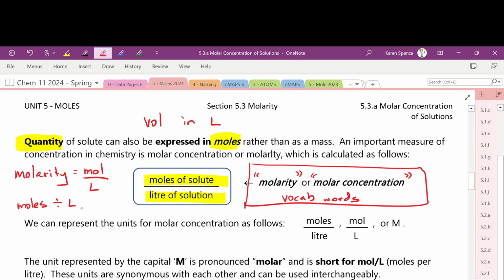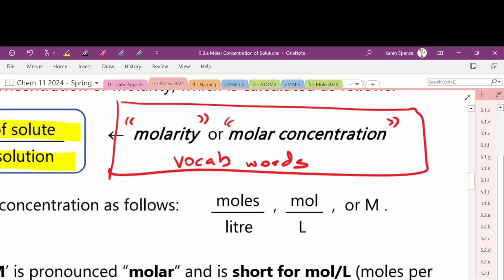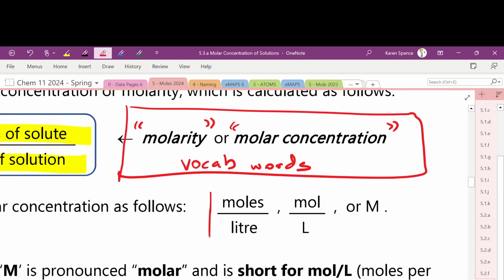And we can represent that unit 3 different ways. We can write out the entire unit, moles over liters.